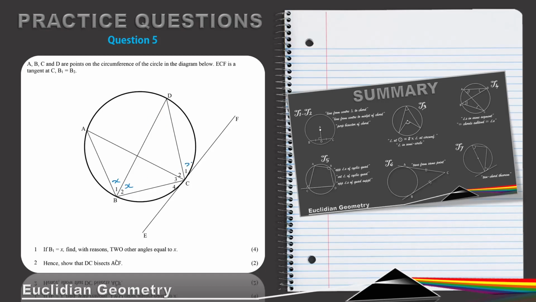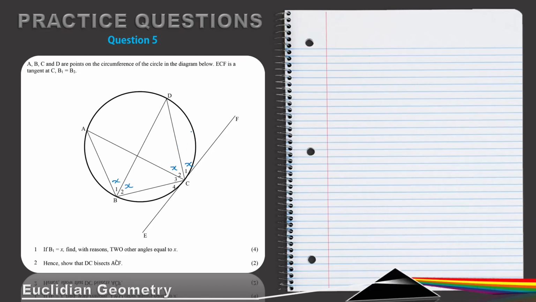So this C1 is also equal to X because of the tangent theorem. And then we can see that B1 and C2 are both subtended by AD, so they are angles in the same segment, making them equal to each other. So those are all equal to X.